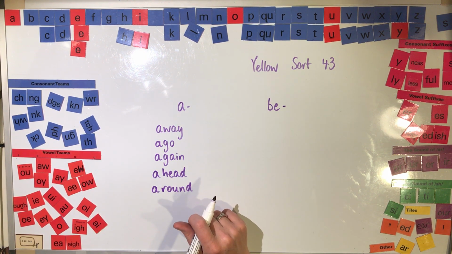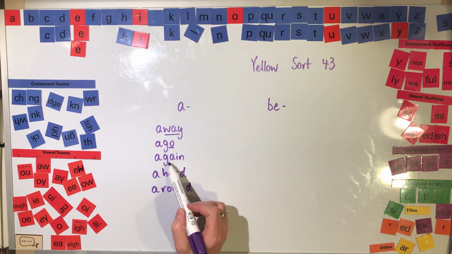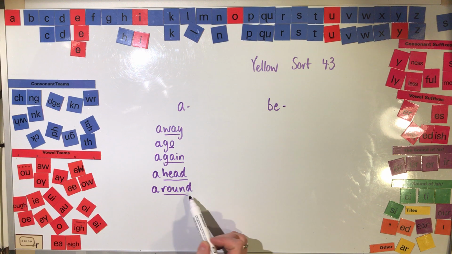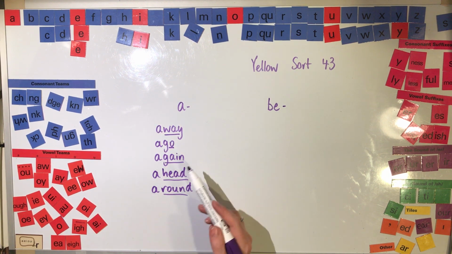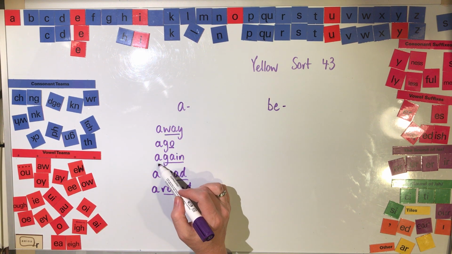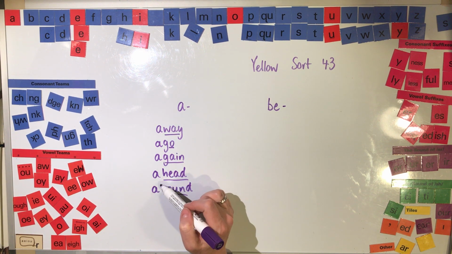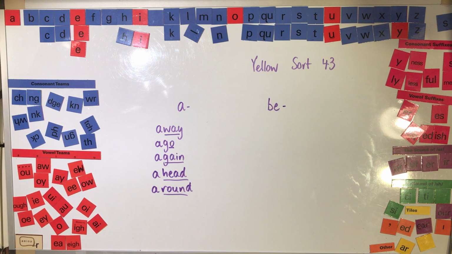It isn't, but you could almost, because all these words, if you take the word attached to the A, are actually words in their own right, and they are linked to this prefix. So away, ago, again, ahead, around. You get the idea. But we're not really teaching this word sort as if that was a prefix. We're just teaching them as words that start with A.